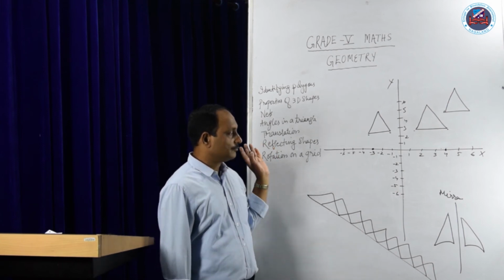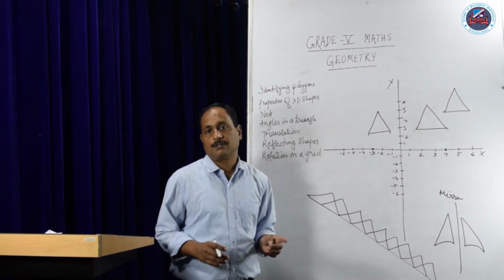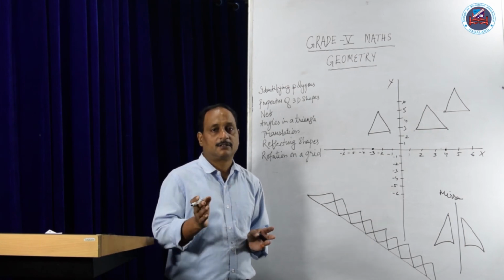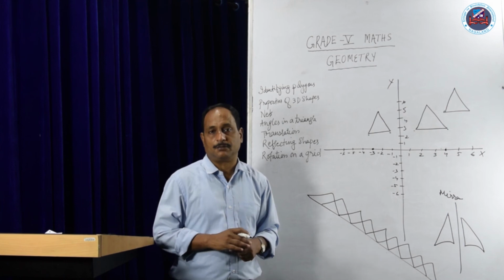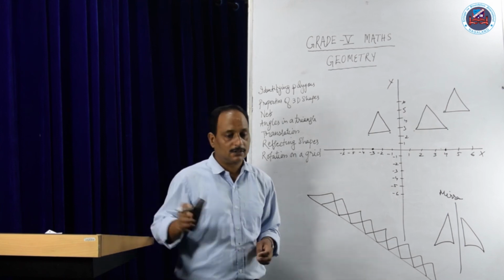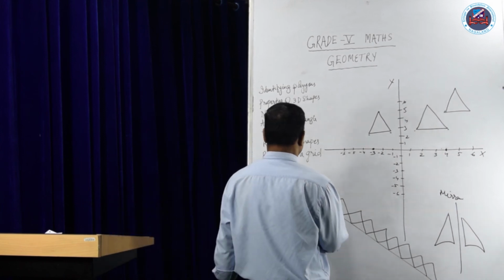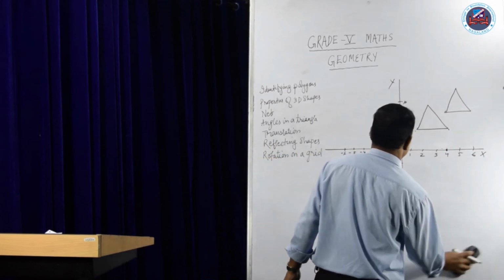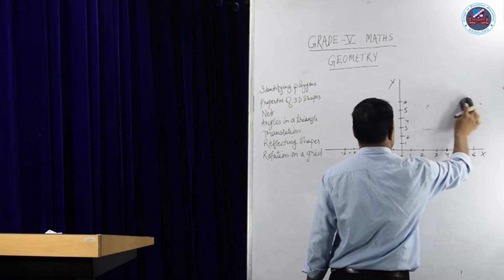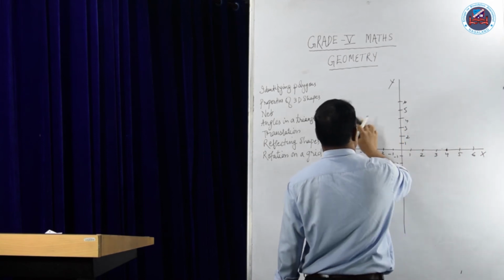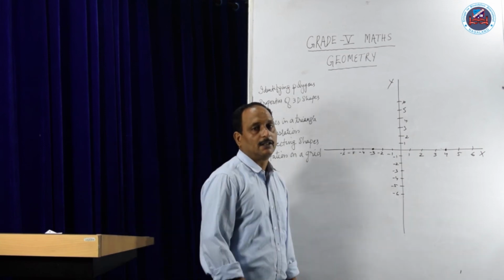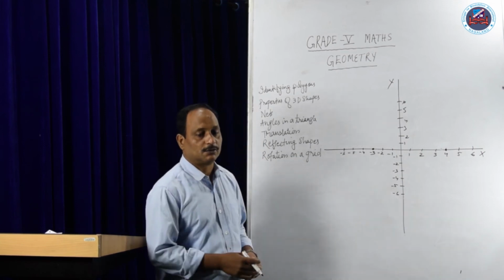Reflecting shape always gives the same figure through a mirror in between. Now, let us go for the next subtopic called rotation on a grid. Suppose this is a grid and any figure has to be rotated.